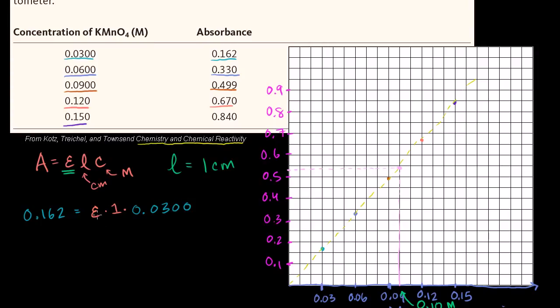So if we want to solve for this epsilon, we can just divide both sides of this equation by 0.0300. These cancel out. This is just a 1. And so you get epsilon is equal to, let's figure out what this number in blue is here.